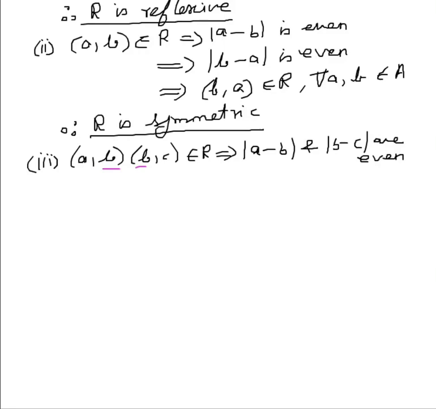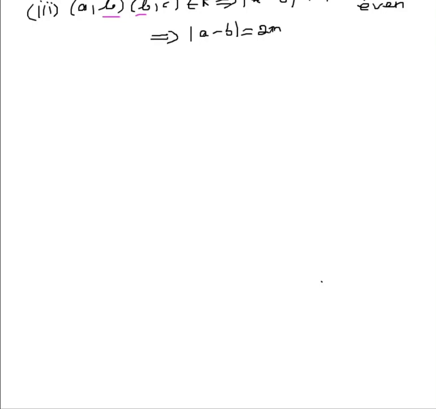Now I have to add these two numbers, but we know that absolute value of x plus absolute value of y is not absolute value of x plus y. They are not equal. So, since it is an even number, I can take it as 2m, multiple of 2, and absolute value of b minus c as 2n.